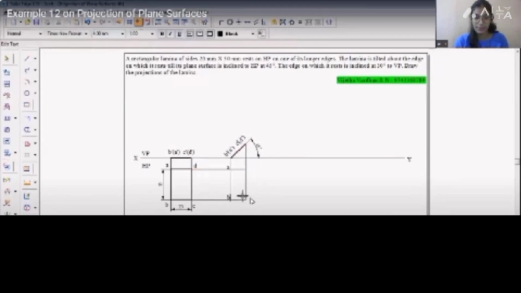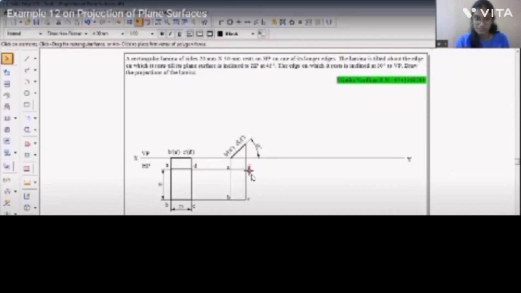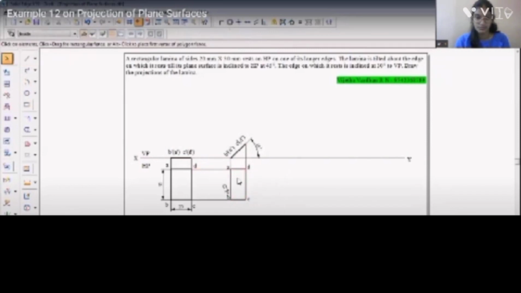Now, let us name them again and make it visible. This is the lamina, how it looks when the surface is inclined to HP at 45 degrees.